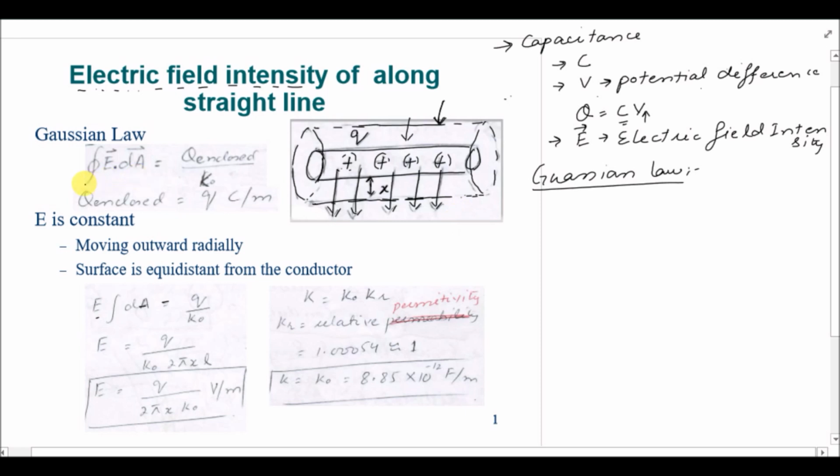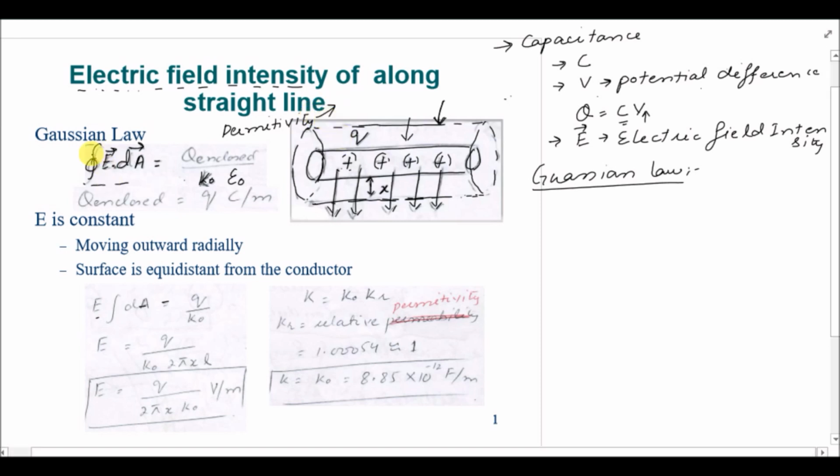If I write Gauss's law mathematically, it is the closed integral of electric field intensity, which is equal to the charge enclosed divided by the permittivity K0. In some books we also have the notation epsilon naught, so this is the permittivity. Permittivity is the ability of a substance to store electrical energy in its electric field.